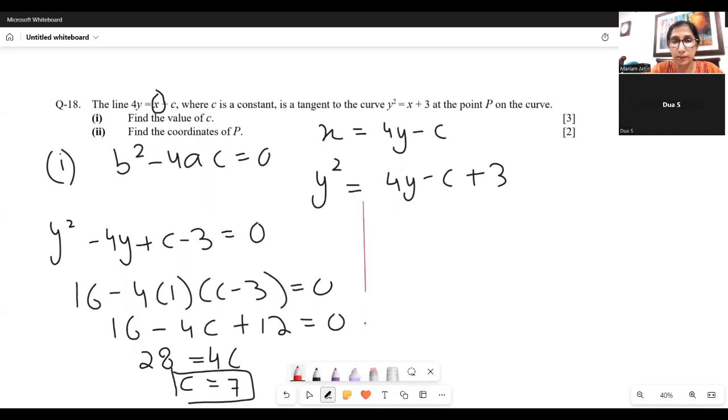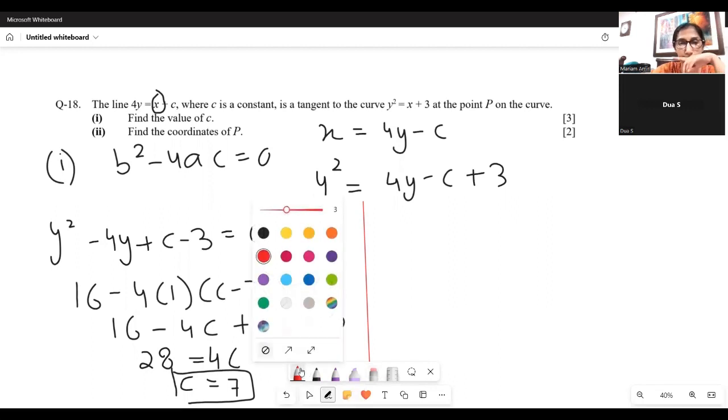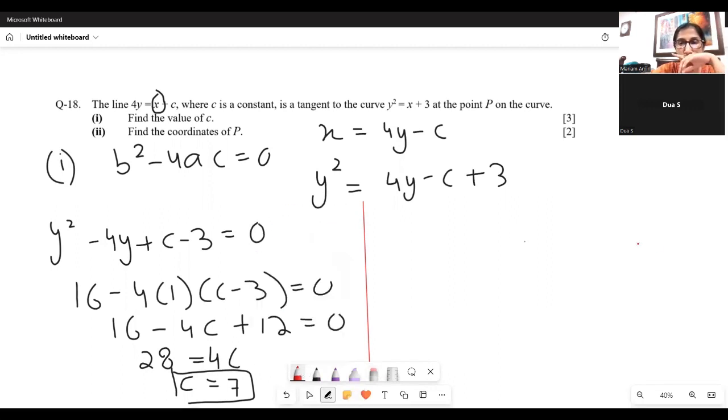Part 2 will be find the coordinates of P. Coordinates of P mean that we need to find where the two curves, the line and the curve, intersect.